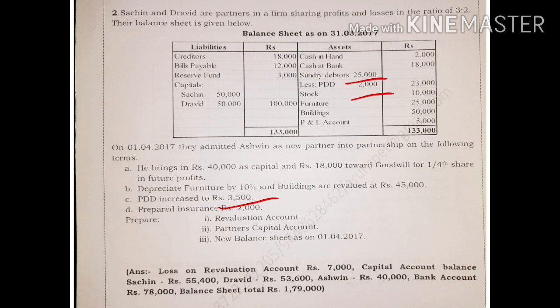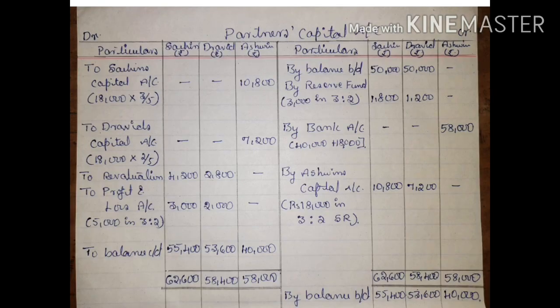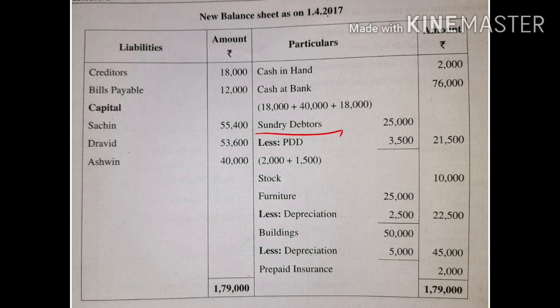So we have to consider this change. So sundry debtors 25,000 less PDD 3,500, that is 2,000 old PDD plus increased PDD 1,500, total 3,500. And outer column 25,000 minus 3,500, 21,500.